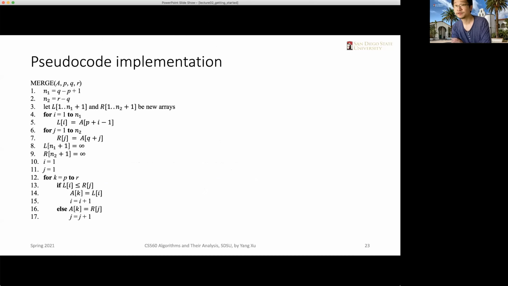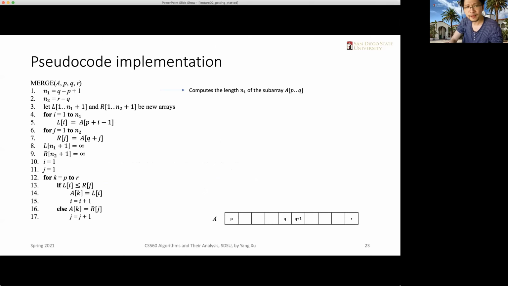All right, 17 lines of code, okay? But don't worry too much. A lot of the code is just for the purpose of initialization, okay? All right, line 1 computes something called N1.